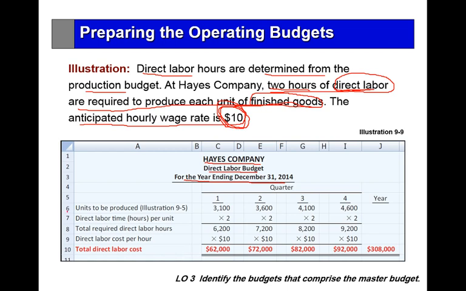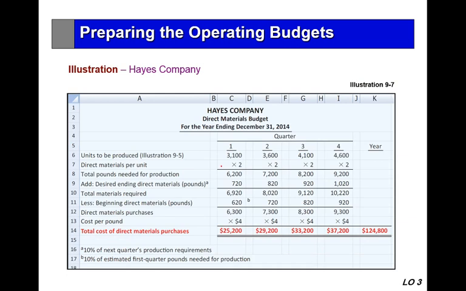What are the elements of the direct labor budget? The first step is units to be produced, as in the direct materials budget: 3,100 for the first quarter, 3,600 for the second quarter, and so on.